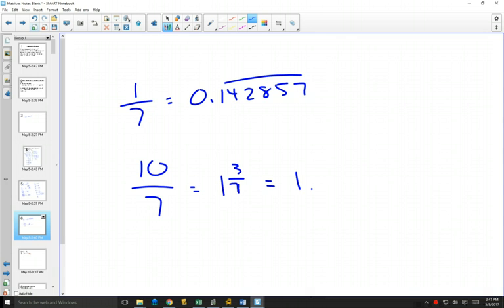Now, if you look through this repeating decimal, can you see that this 1 is the smallest number, this is the second, 4 is the third, fourth one, fifth one, sixth one, right? So if you want 3/7, you're going to have to start with the third number. It's going to be 4, 2, 8, 5, 7, 1 repeated.